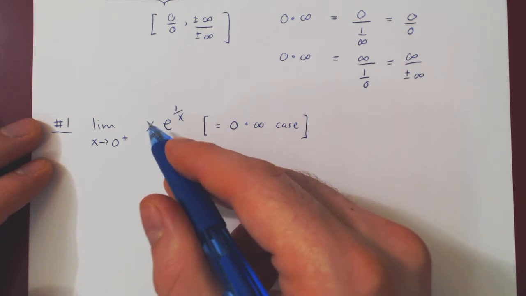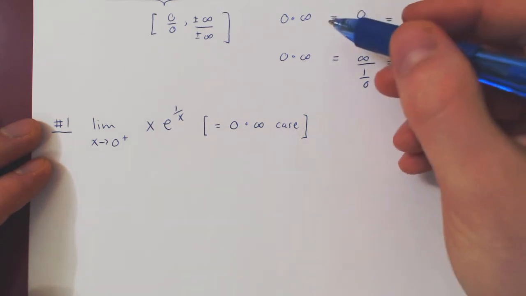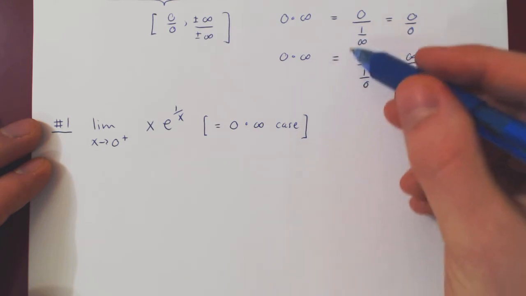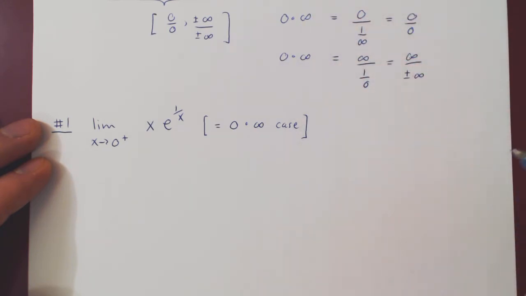We'll send the term x to the bottom, and if you ever send one term down, whether it is the infinity term or the 0 term, if you don't pick the right term, the limit will get very unpleasant very quickly.